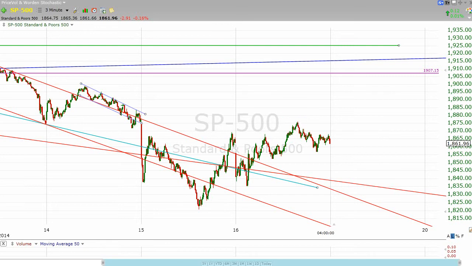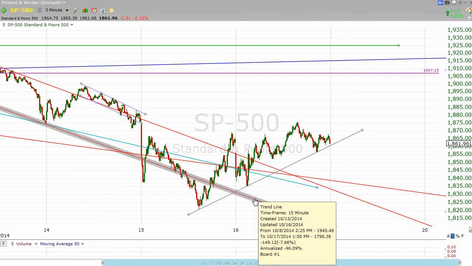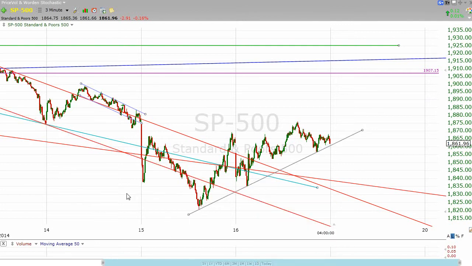If you are an astute observer, you may also be looking at the fact that we essentially have three lows from midday yesterday through today that line up absolutely perfectly. Here, here, and here. You may also notice that our highs don't line up perfectly.